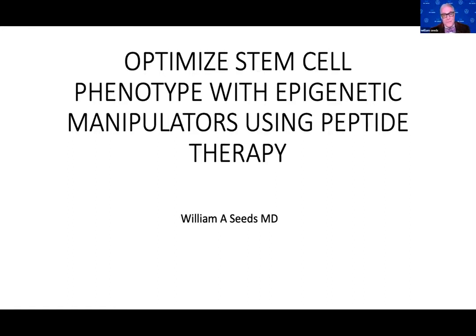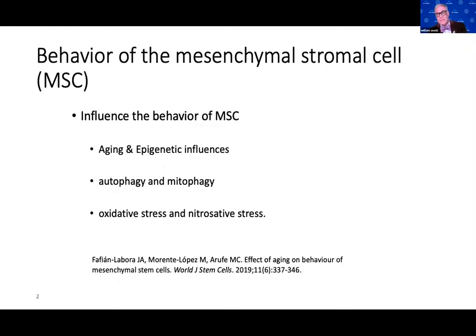And I think the literature is pretty self-explanatory in pushing us in that direction, making it very plain that cellular senescence is absolutely the main aggravator that we're working against in cell signaling and what changes the environment. So let's talk about that behavior: if we look at the mesenchymal stromal cell, what can influence this behavior?